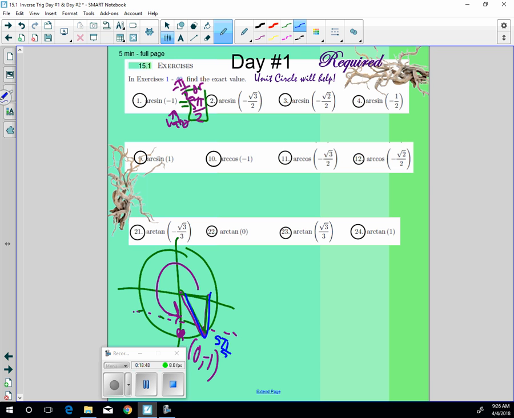I think this one's 5 pi over 3. You could also get this one down here, which is 4 pi over 3. You could get both of those. So you could either have for this one 4 pi over 3 or 5 pi over 3. And we'll find out which one the calculator is going to have. Only one of those will actually work with the calculator. We'll see about that tomorrow. But all I want you to do today is to find these.